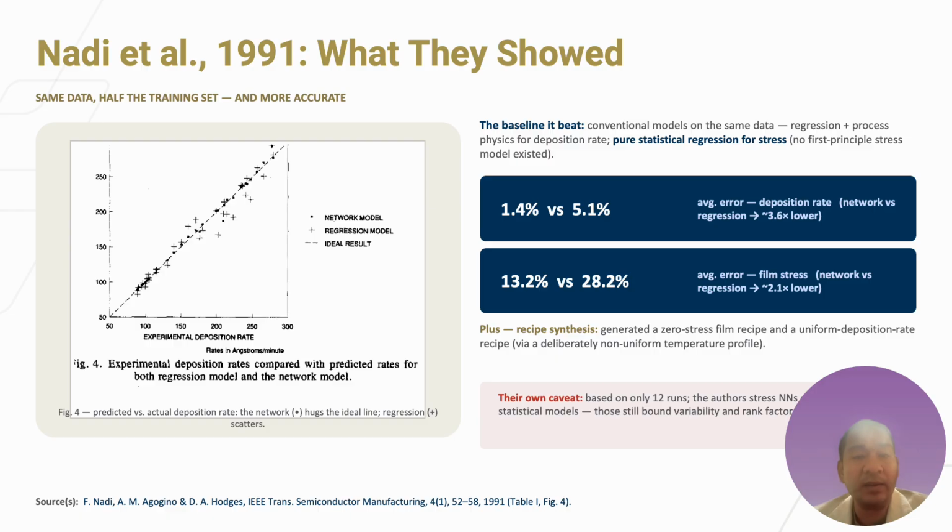On the harder quantity, film stress, it was about twice as accurate. It achieved that while training on only half as much data. The scatter plot shows it. Their model points hug the ideal diagonal line, while the older method scatters around it.